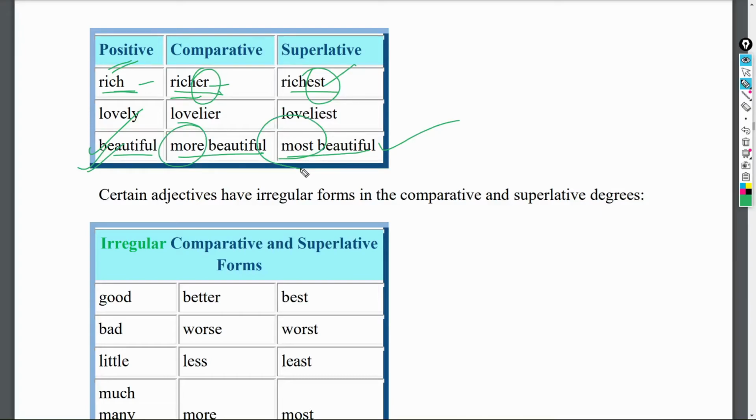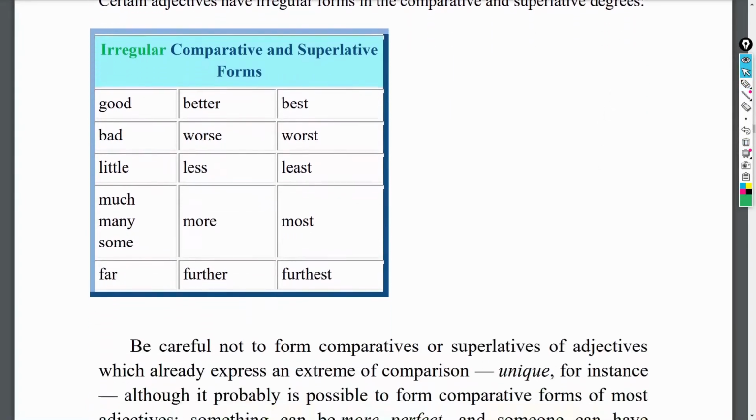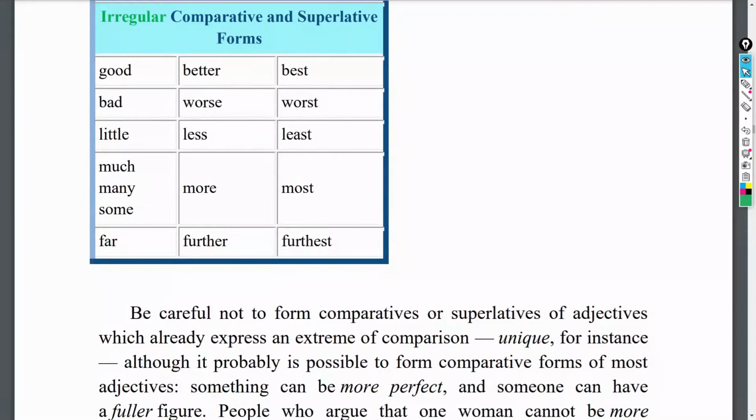So now let us come to the irregular form of the degree. Certain adjectives have irregular forms in the comparative and the superlative degrees. Let us see the example, and this is needed to be remembered, otherwise you will be misled.